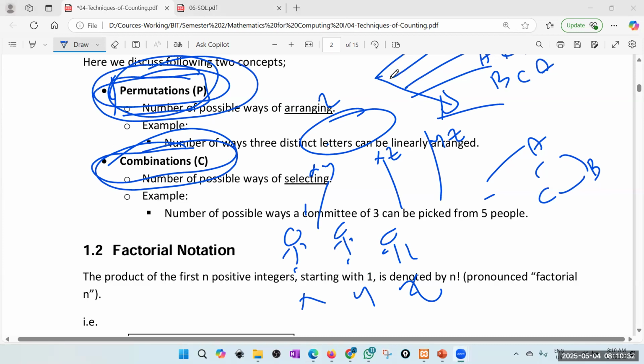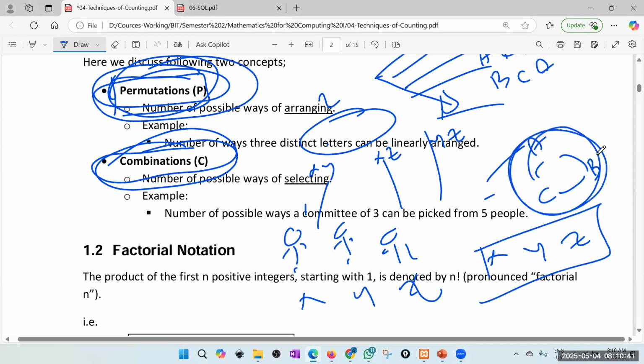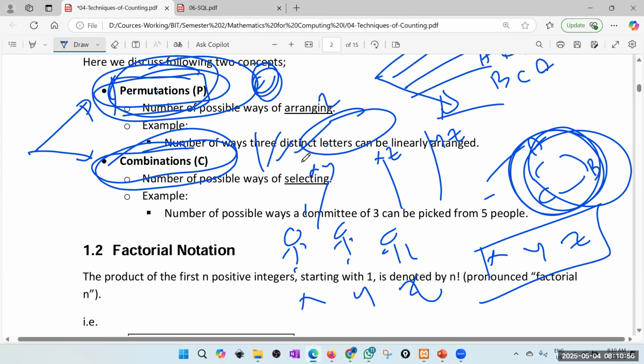Linear arrangement means you arrange in a line. Circular arrangement means you arrange in a circle. We will look at those later. So permutations means how many ways we can arrange, and combinations means how many ways we can select.